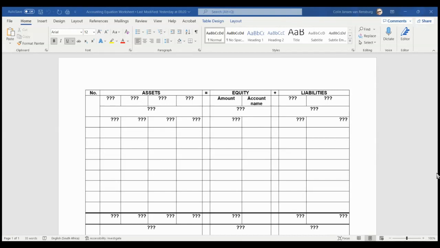Then we can capture it in our books of account. We will use journals for that. We will post it over to our general ledger accounts, and eventually all of that information will end up in our financial statements.